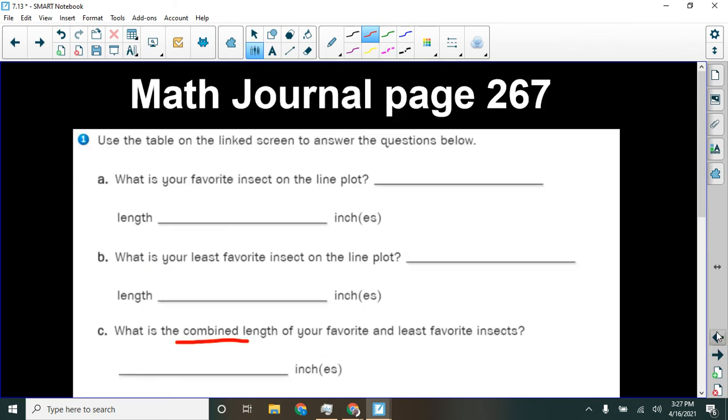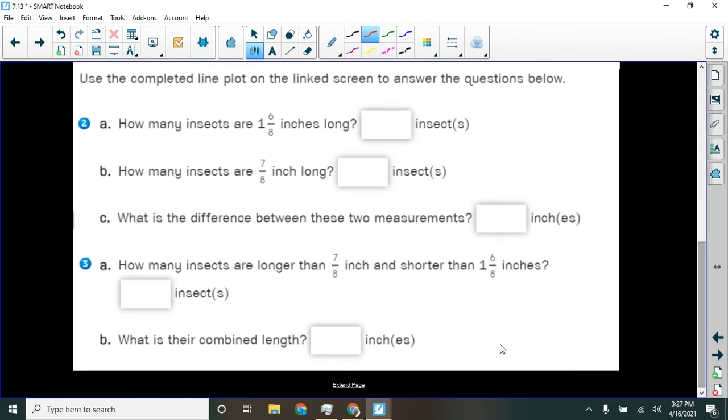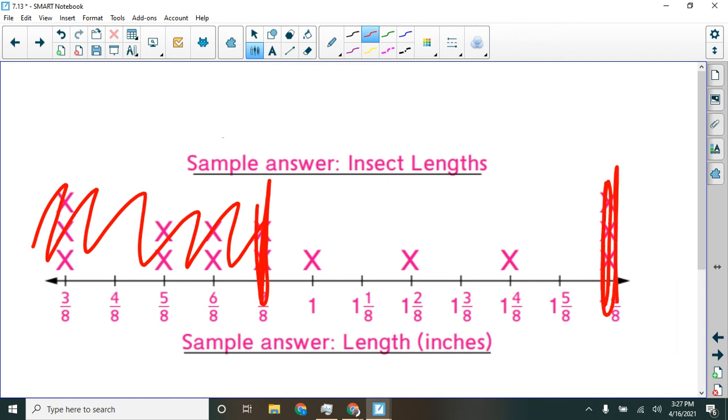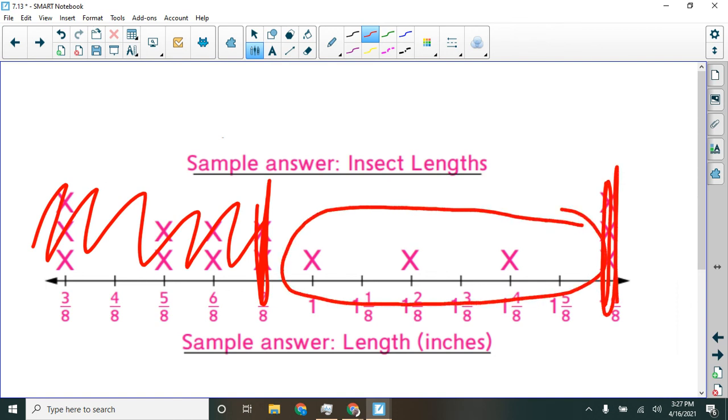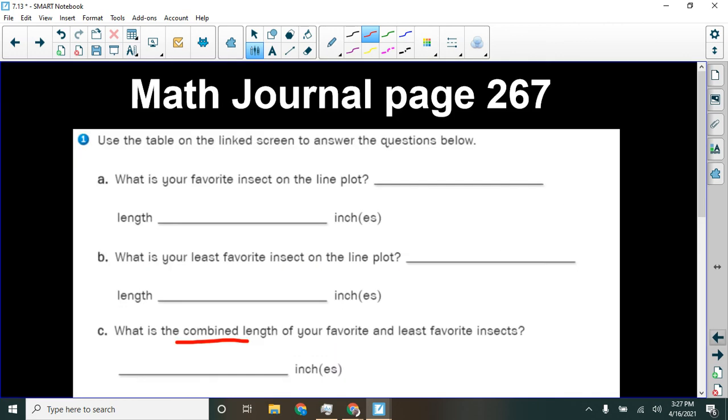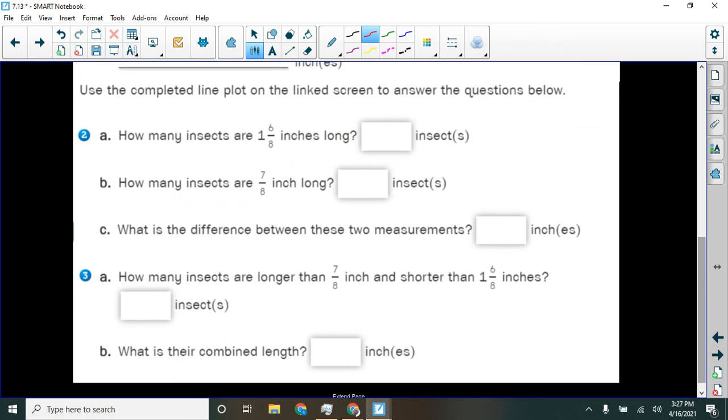Then shorter than 1 6/8, so we're not going to count those. So we're going to count the ones that are between there. How many? There's 1, 2, 3 of those. And so our first answer is going to be 3 insects.